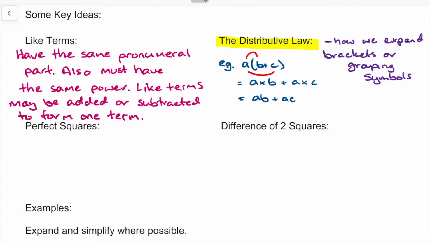Alright, next little idea is perfect squares. Okay, perfect squares. This is more of a follow on from the distributive law. So for example, we can have A plus B, can have that whole thing squared.